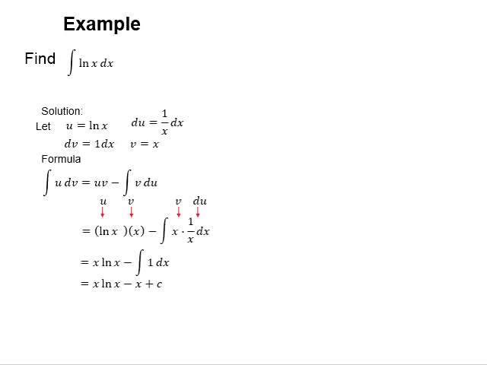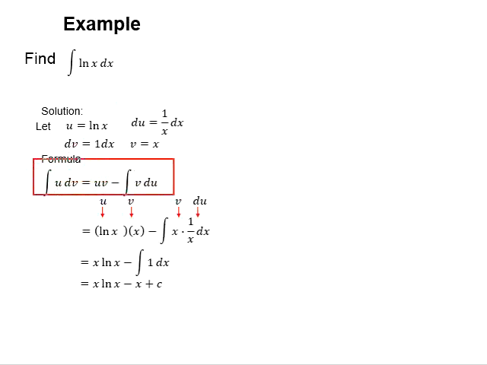With that, we can try to solve this by using integration by parts. ln x itself equals 1 times ln x. So, let u equals ln x. The remaining will be the dv. Differentiate ln x, you will get 1 per x. Integrate dv, you will get v, which equals x.